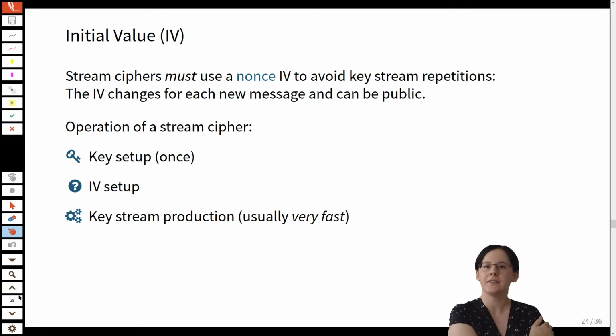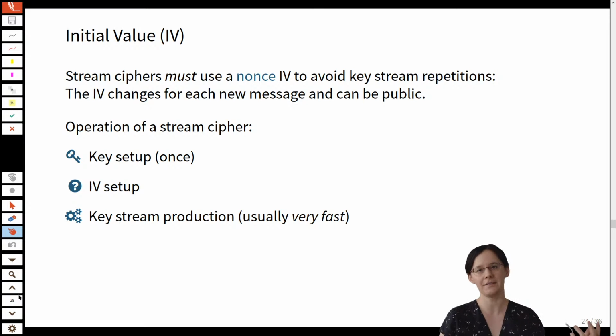So what we need is a value to make sure that this key stream never repeats. So we need an additional random value as an input. And this plays more or less exactly the same role as the nonce in normal encryption schemes. Here it's often called initial value, but it's the same thing. It's a value that never repeats and that influences the key stream.